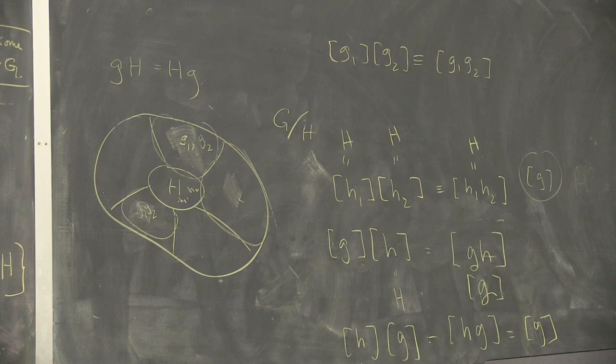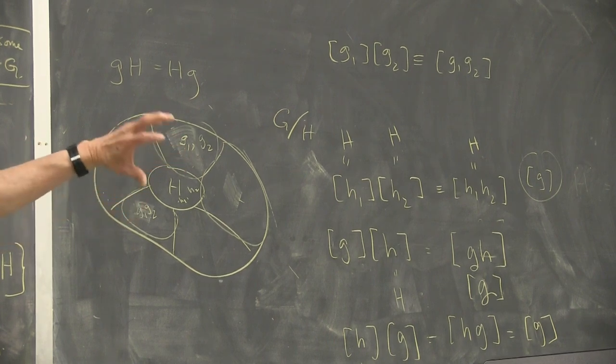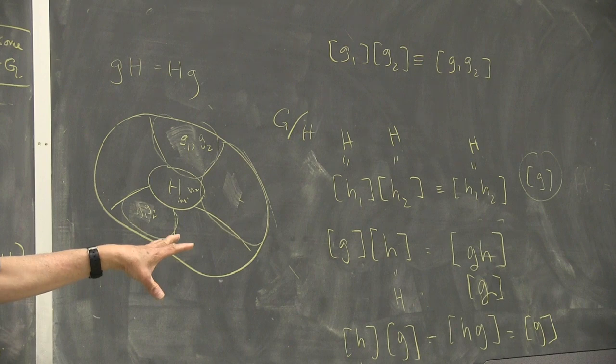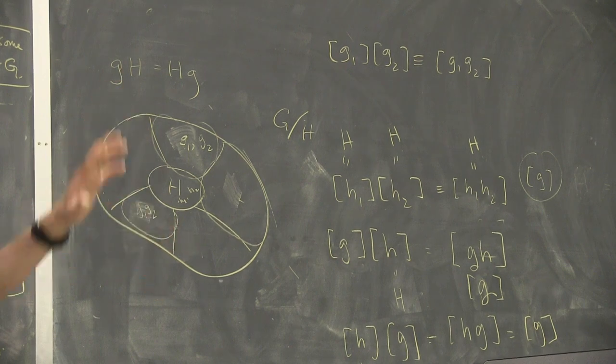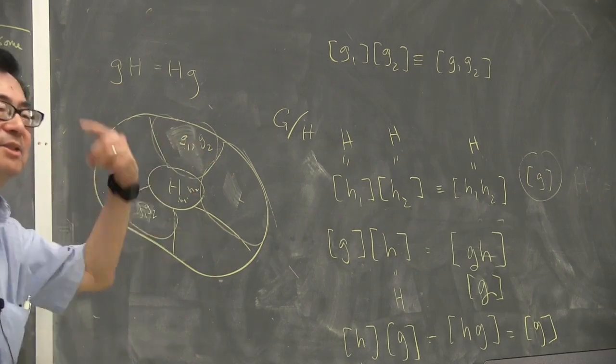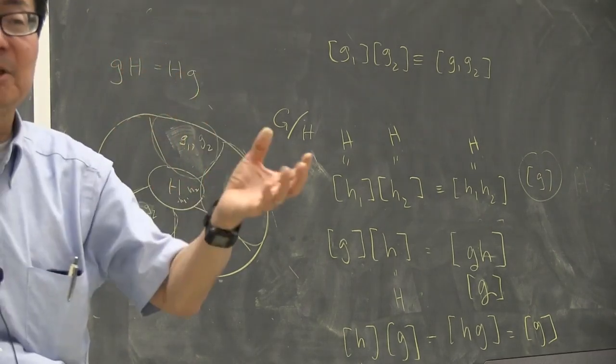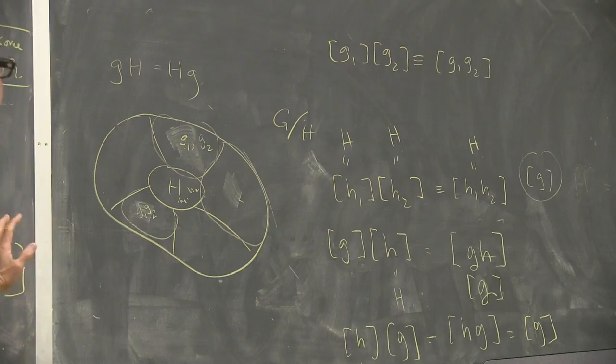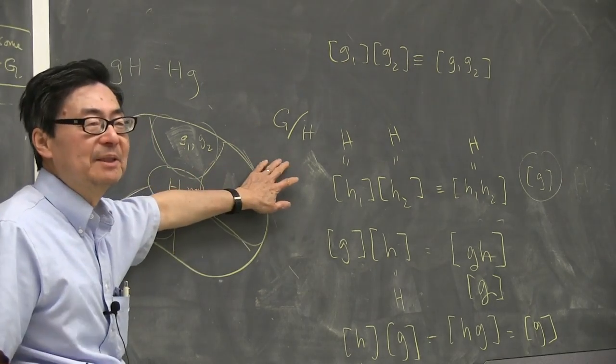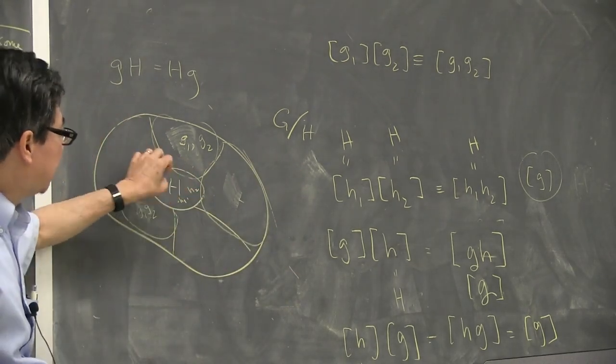Again, I find the easiest way to visualize this is to form a mental picture like this. The original set is broken up into these chunks in here. The chunks are disjoint, and all of them make up the entire group. And each of the chunks themselves can be regarded as an element of a new group that we call the quotient group, okay? It's like G being broken up by H in this way.